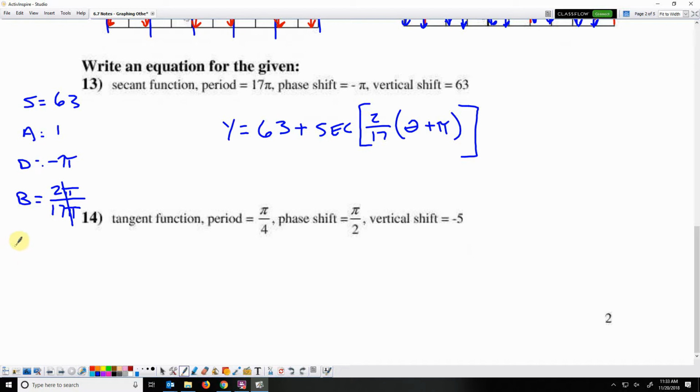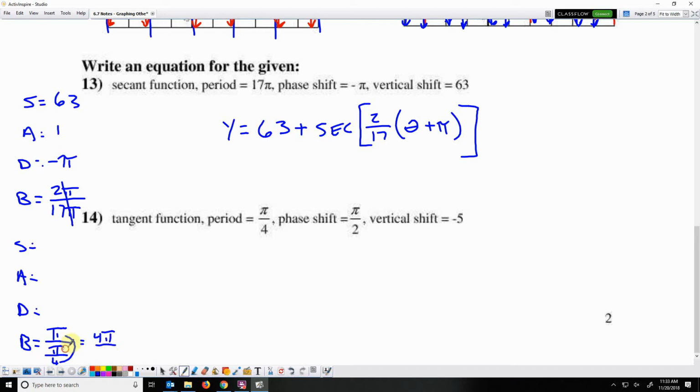And last, number 14, once again, S, A, D, and B. This is a tangent function, which means that B is going to be pi over the period. Okay, so when I do my outer loops, I get 4 pi.